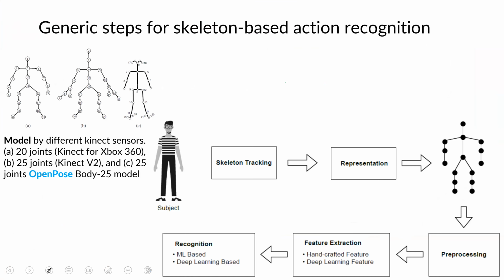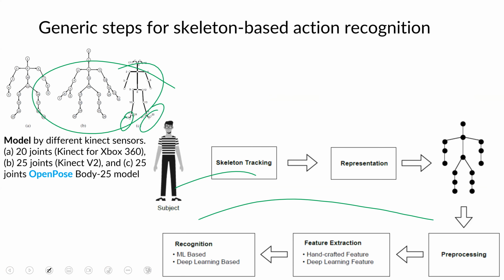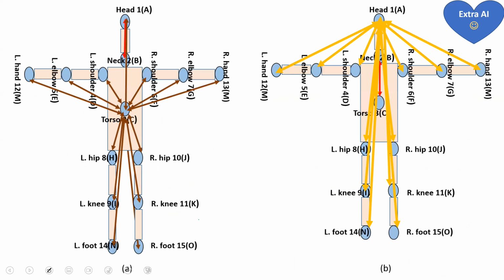It's not easy because skeleton data is not always accurate, especially at the edges. When you try to track the skeleton, understand different features, and go for machine learning or deep learning based methods, it's not easy.